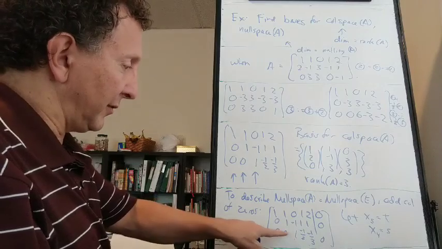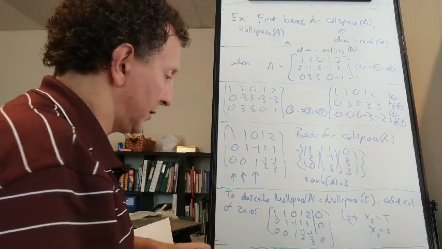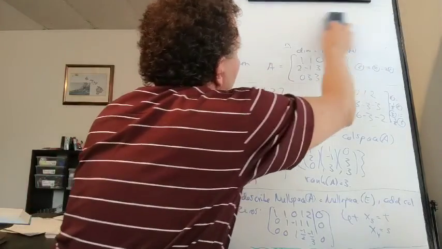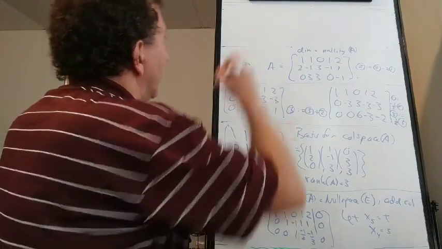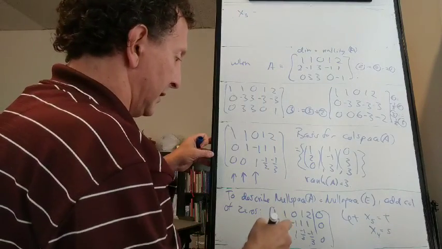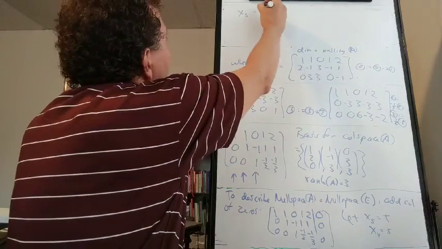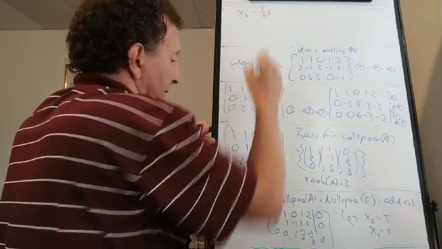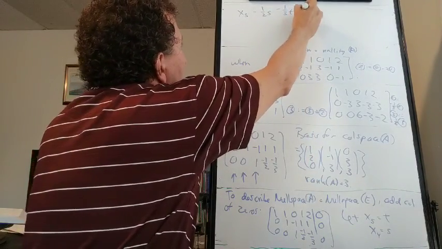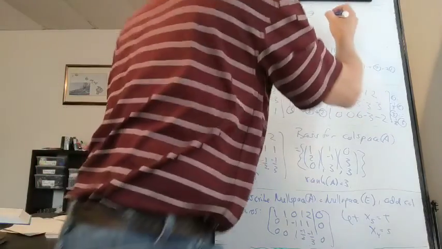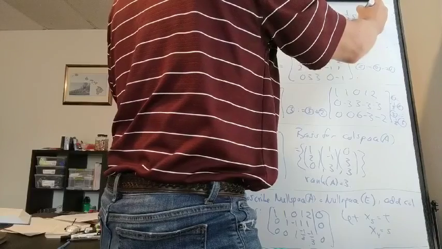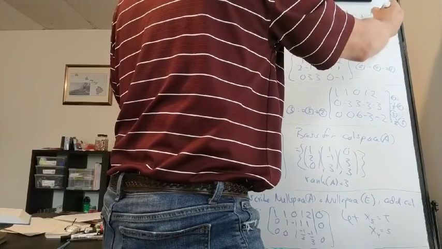Then we can solve for x3, x2, and x1. x3 minus 1/2 s minus 1/3 t equals 0. So that means that x3 equals 1/2 s plus 1/3 t.